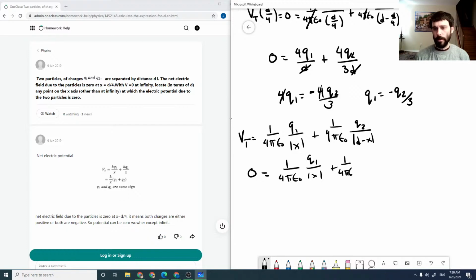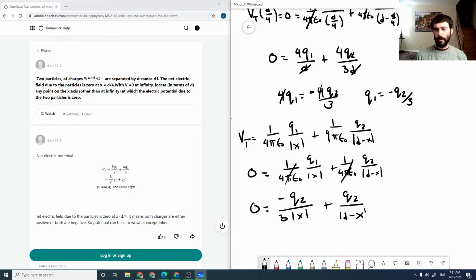Again, we can cancel the 4 pi epsilon naughts. We know that q1 is minus q2 over 3, so 0 is minus q2 over 3 absolute value x plus q2 over absolute value d minus x.